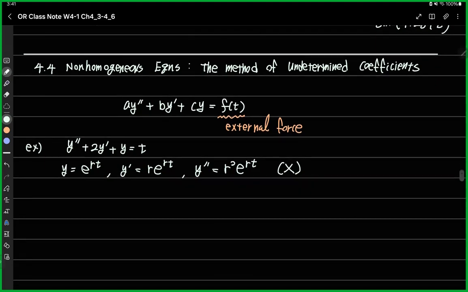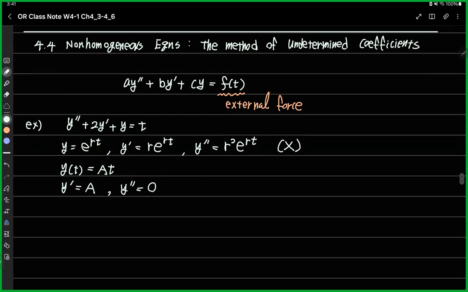So let me guess. To get the monomial t, then y of t is probably a times t. I'm just guessing, okay? Then y prime is going to be a, and the y second derivative is 0. Maybe we can get t on the right-hand side with a solution a times t.